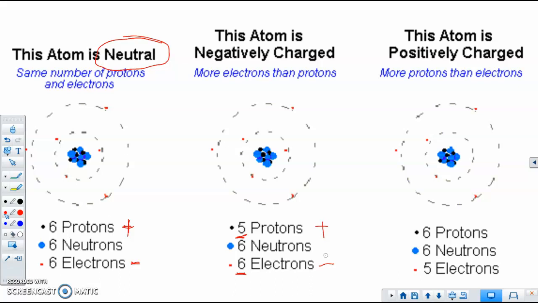And more particularly, its charge would be -1. Okay, so here we had 0, no charge. Here we have -1. In the third picture, we have 6 protons and only 5 electrons this time. So that means we have more positives than negatives. This atom would be positively charged. And even more specifically, its charge would be +1.